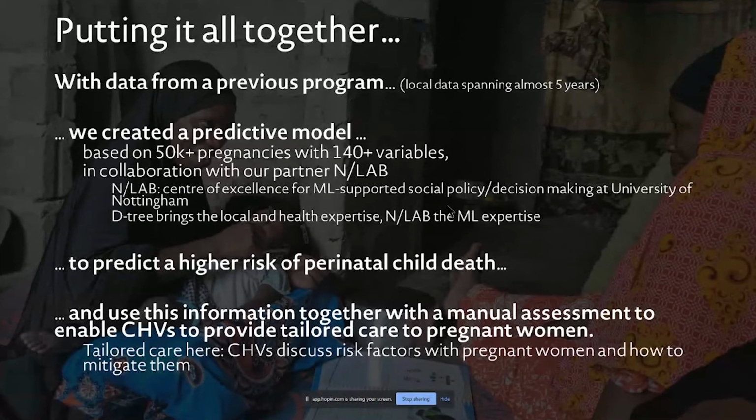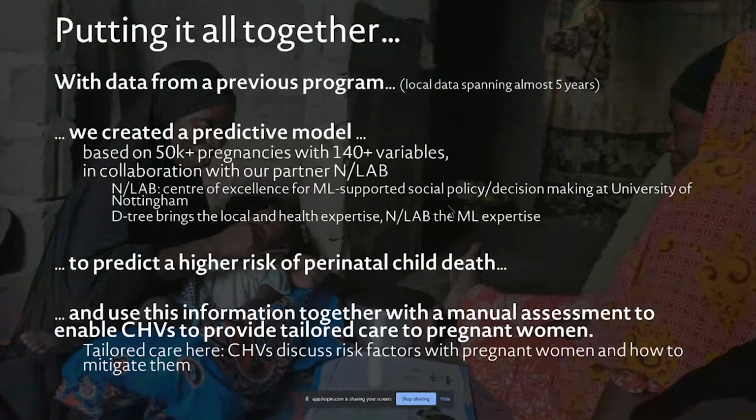So in order to create a machine learning model, you also need your outcome variable, and we had around 50,000 pregnancies with outcomes, with deliveries, with positive and negative outcomes in this data set. The data set spanned around 140 variables. So in order to manually analyze these for patterns and for correlations, you can imagine that this is already beyond the capacity of a human analyst.